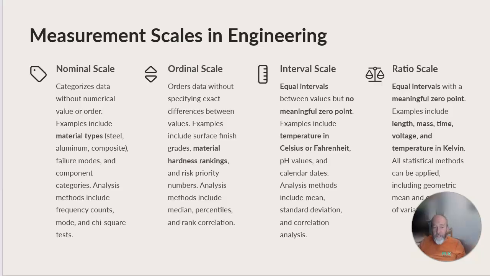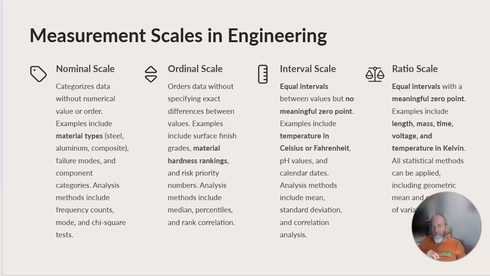The difference between interval and ratio scale is that in interval scale, the zero doesn't have meaning. The zero in Fahrenheit doesn't have meaning because it can be negative, it can be positive, but in the ratio scale, the temperature is in Kelvin. Absolute zero has a definitive meaning to it. It is the zero for temperature.